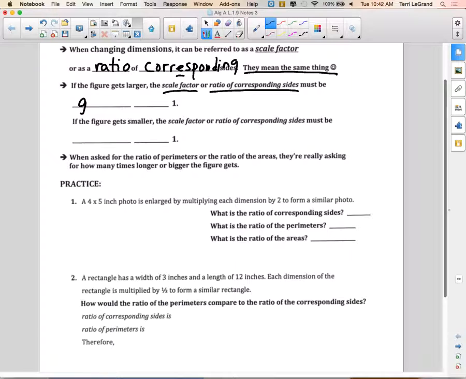Yep, it's greater than 1. If our multiplier, our scale factor, our ratio of corresponding sides is greater than 1, the new figure is going to be larger. Well, if the figure gets smaller, then what's the scale factor also known as the ratio of corresponding sides? Less than 1.